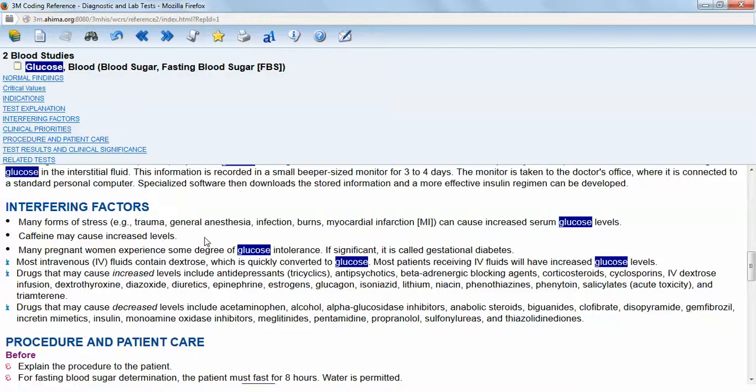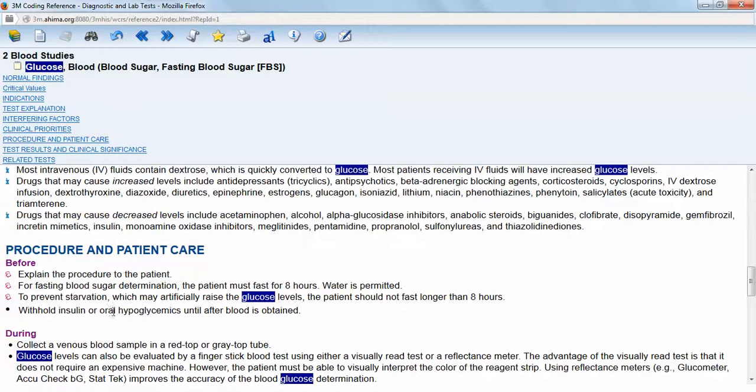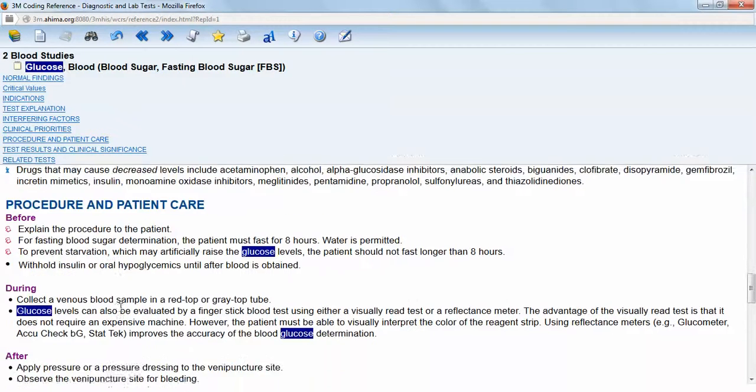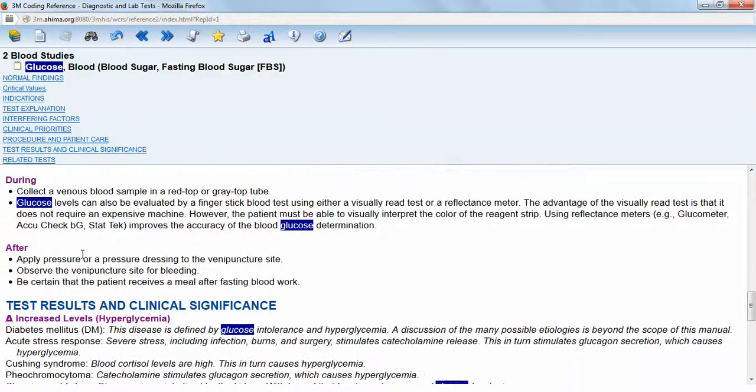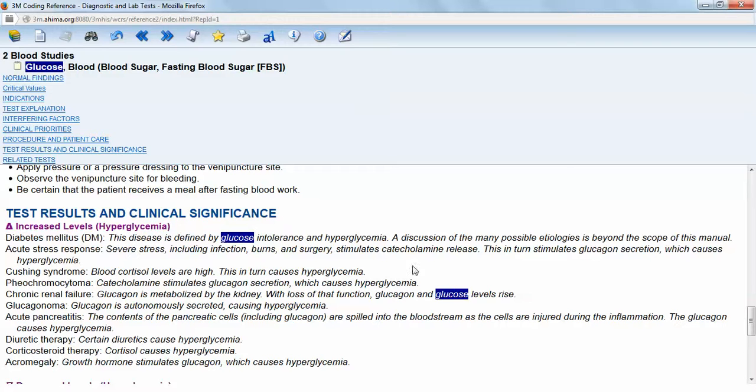Now, fasting doesn't just mean not having food. Fasting means not having coffee, tea, anything that may increase that level. Many pregnant women have some degree of glucose intolerance or glucose issues. So it will give you some things that might interfere with the readings. It will also give you the procedure and patient care. What do they do when they draw it?